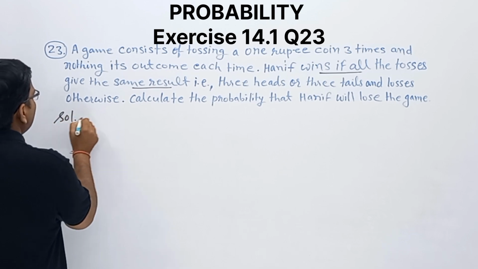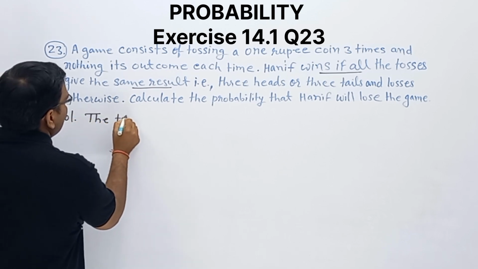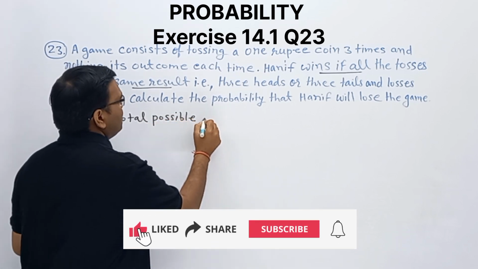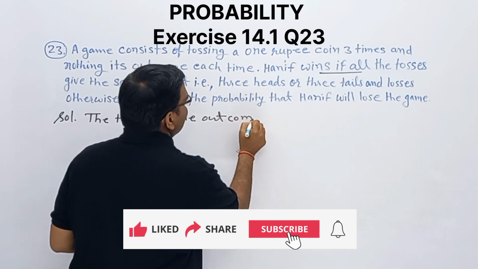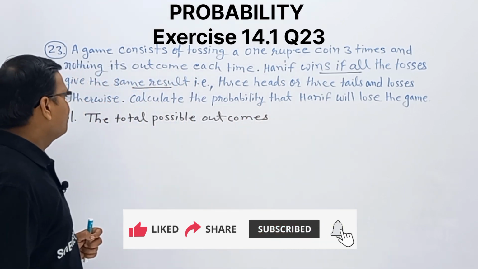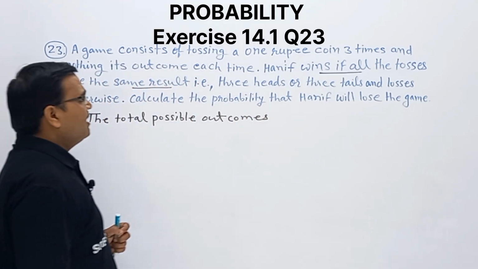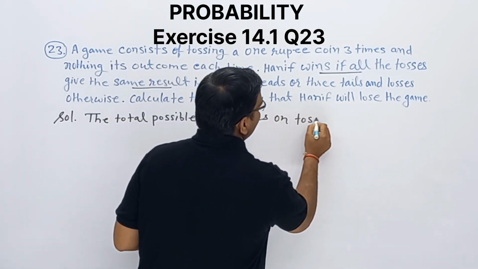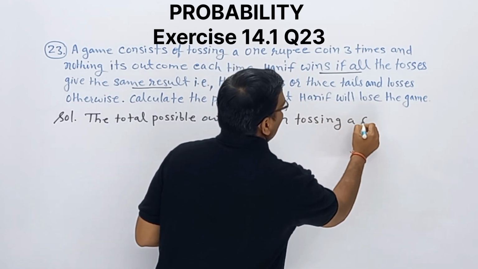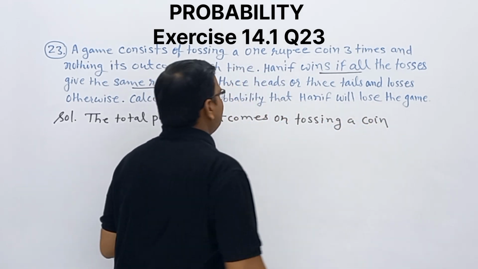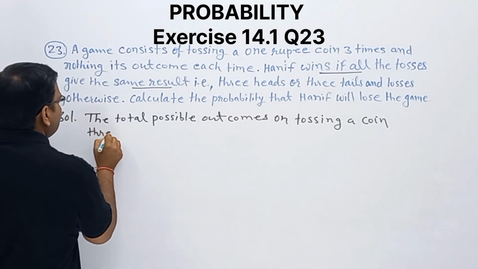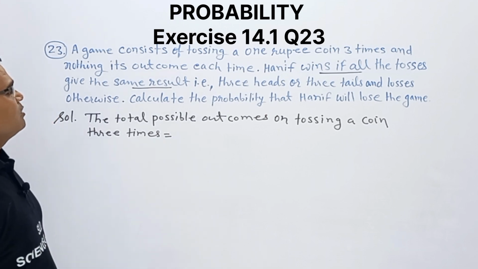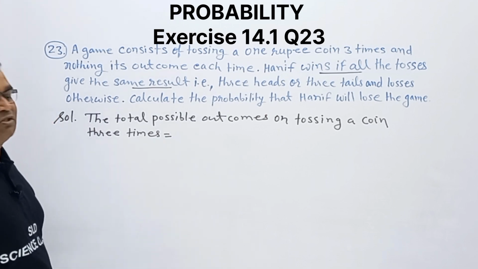What about its solution? The total possible outcomes on tossing a coin 3 times.